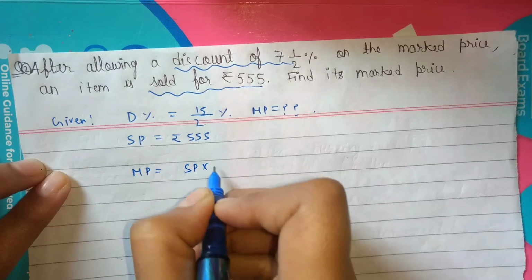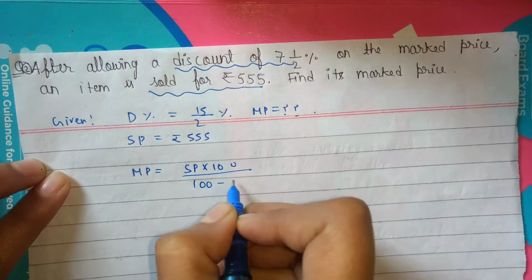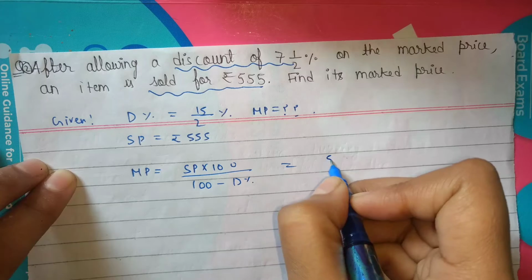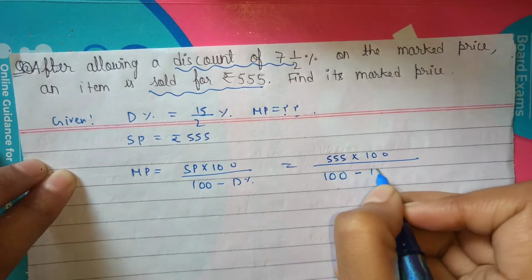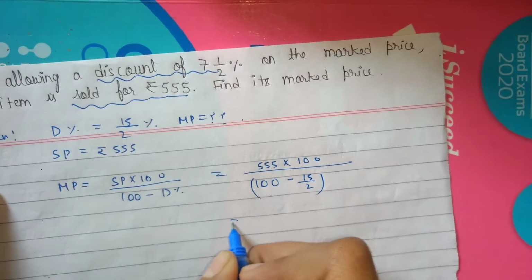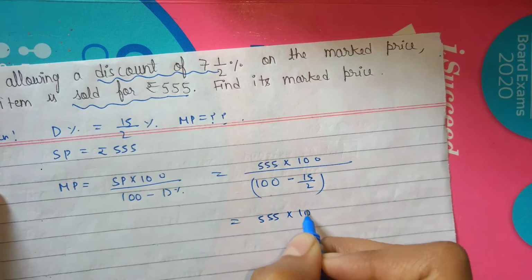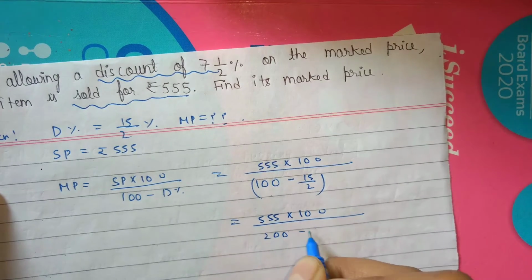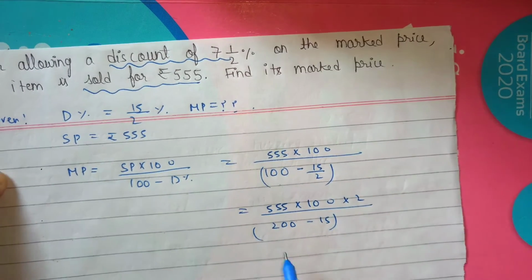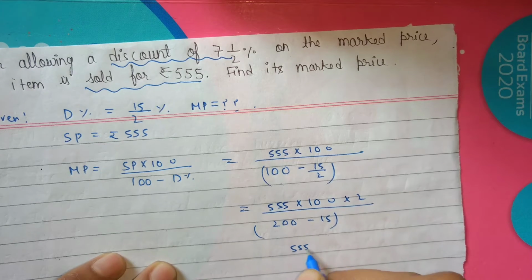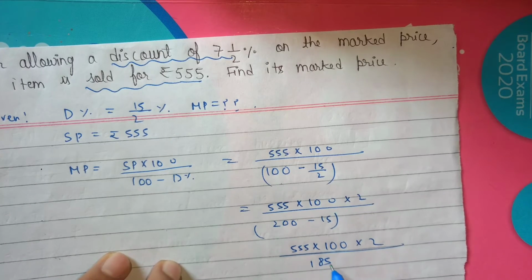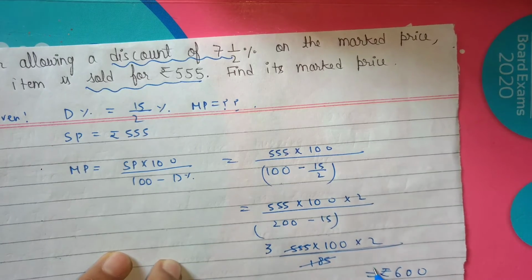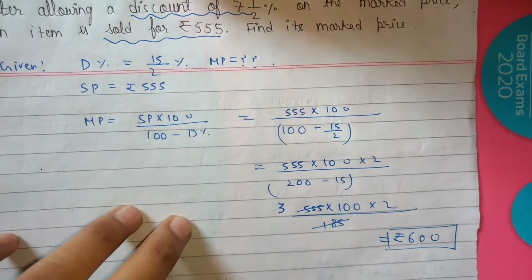MP is equal to SP into 100 by 100 minus discount percent. 555 into 100 by 100 minus 15 by 2. Okay, so 555 into 100 by 200 minus 15, into 2. 555 into 100 into 2 by 185. 185 goes 3 times. So the marked price will be rupees 600.